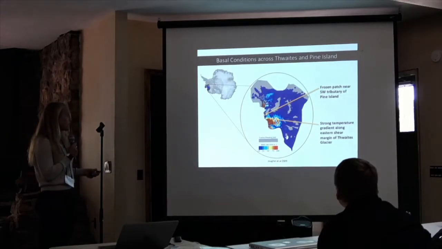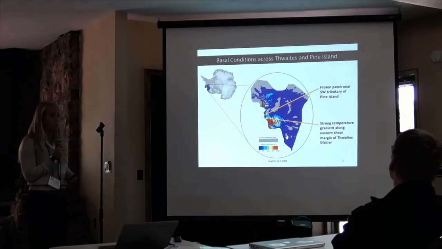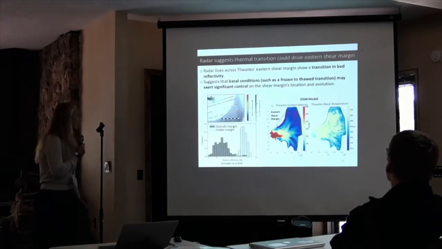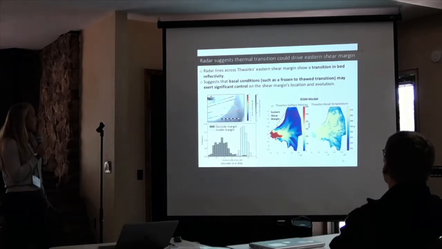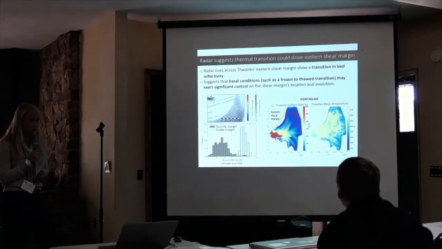And both these regions are interesting for learning about what sorts of cross-glacier interactions there could be between the two catchment basins. So if now we're looking at just the Thwaites Glacier domain, radar provides some very interesting observational evidence of potentially a strong temperature gradient along the shear margin.